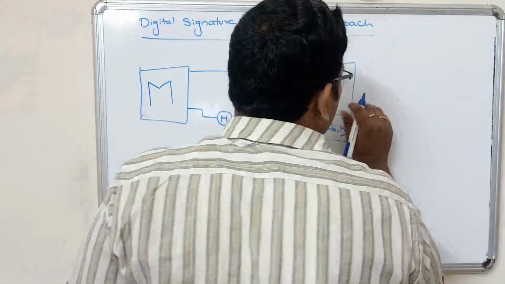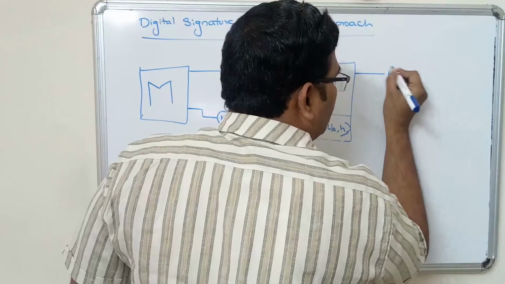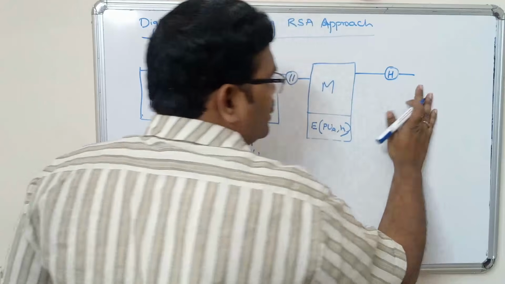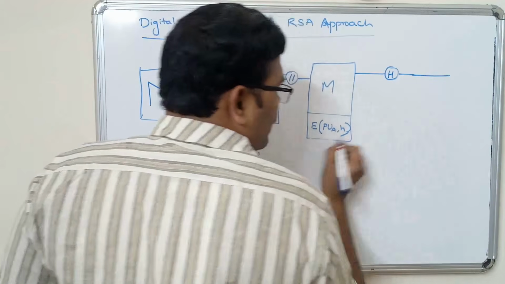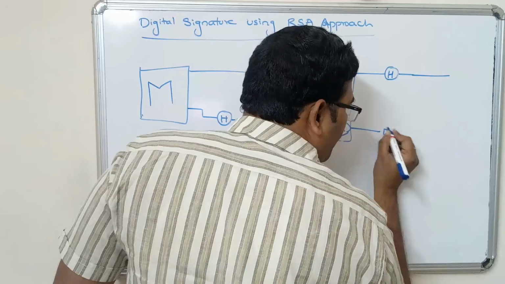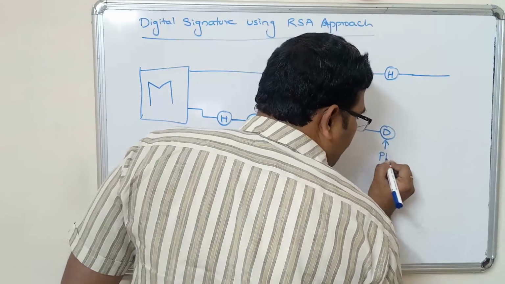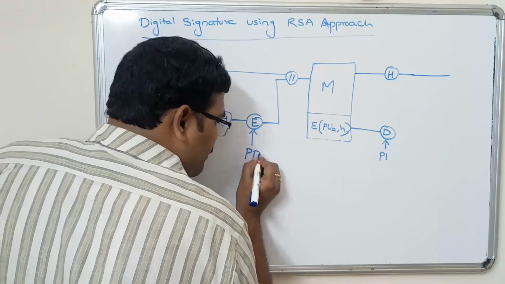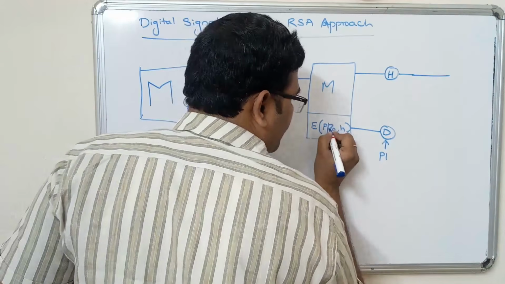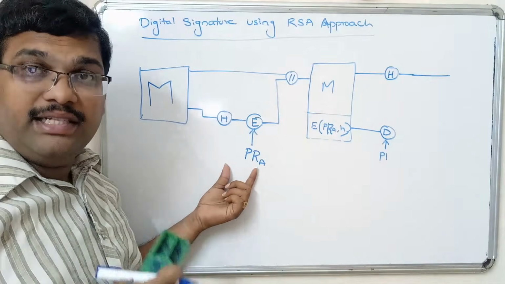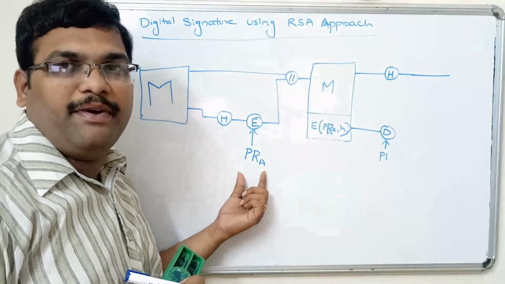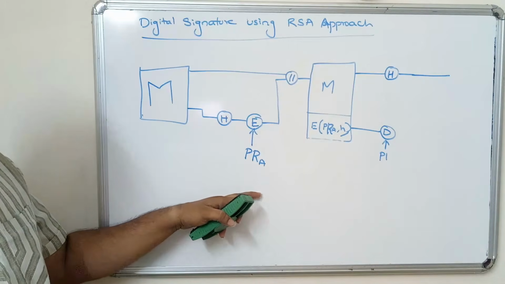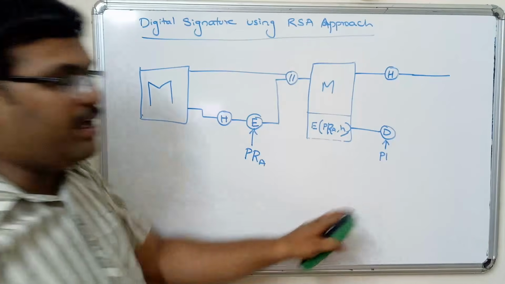The receiver receives this, again applies the hash function so that a hash code is generated, and this one will be decrypted. This is a digital signature, so we have to use the private key of A, the sender's private key. Here we are using the private key of the sender, and to decrypt it we use the public key of the sender.